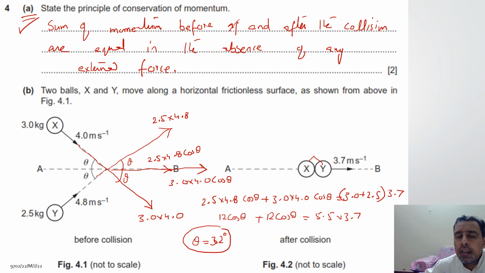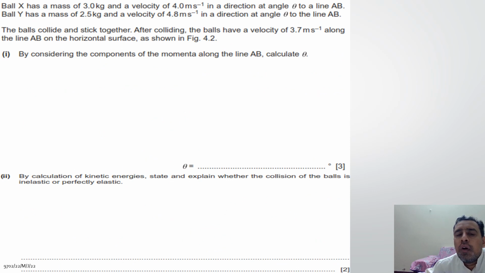If we divide the momentum vectors into components, then we have these two horizontal components. Their sum must be equal to the momentum after the collision. By substituting these equations, we get that the angle is 32. In the next slide this angle is required, so all the calculations must be written over here.